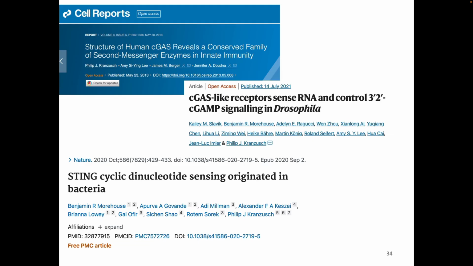And if we look even more broadly, we find first, yes, there is a whole family of cGAS-like proteins. Those proteins are in Drosophila. Those proteins are even in bacteria, helping bacteria respond to bacteriophage, viruses that infect bacteria.